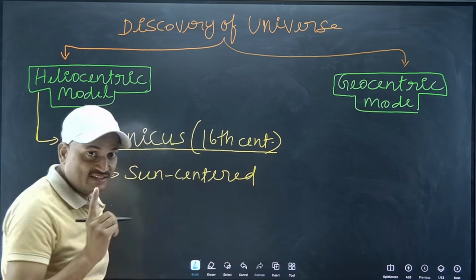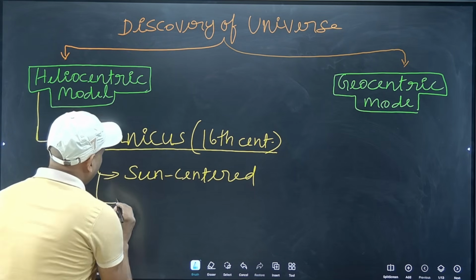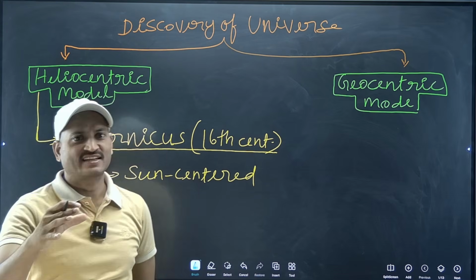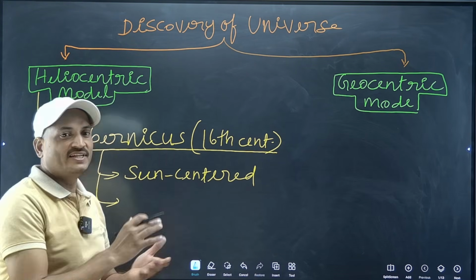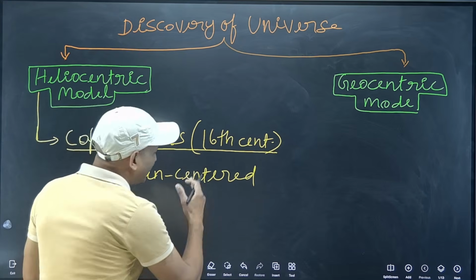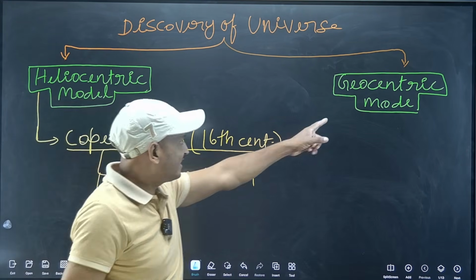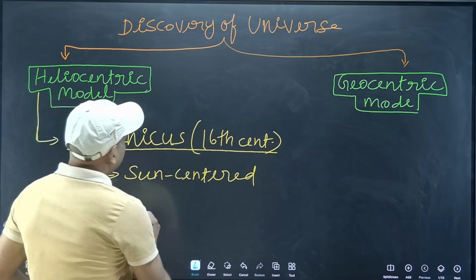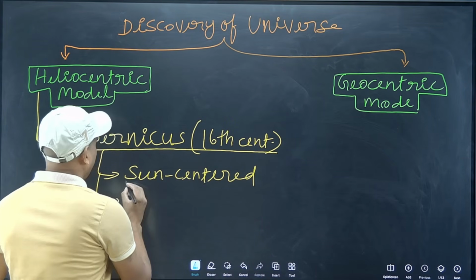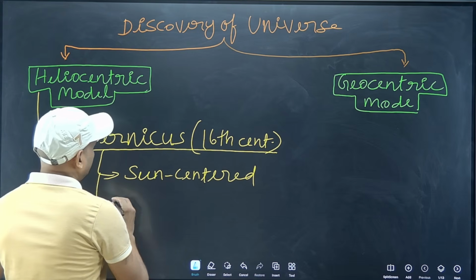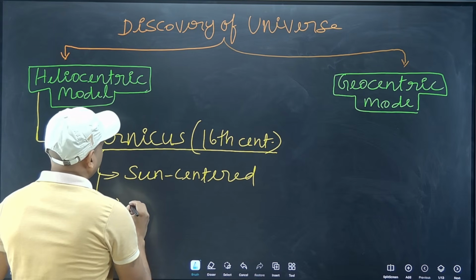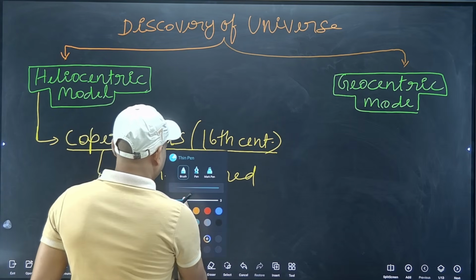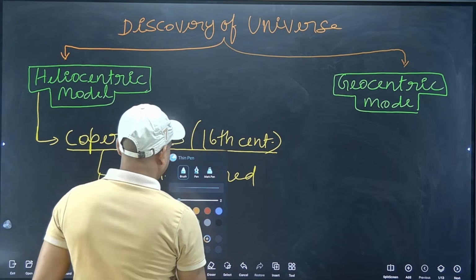And the next important point he made was that all the other objects in the universe, meaning all the other planets and stars, revolve around the sun. The earlier model said that all the objects and planets revolve around the earth. But here Copernicus said that all the celestial bodies revolve around the sun and not the earth.